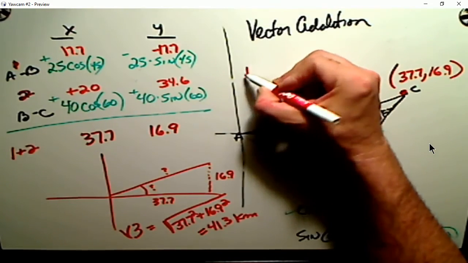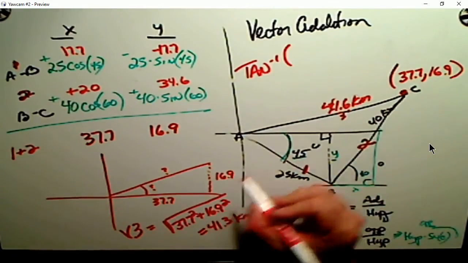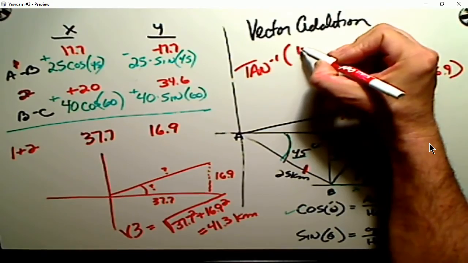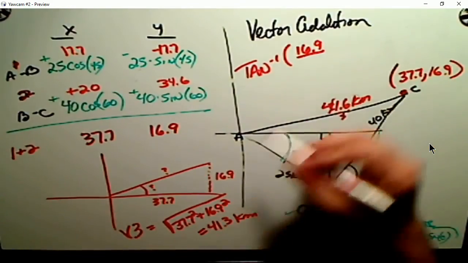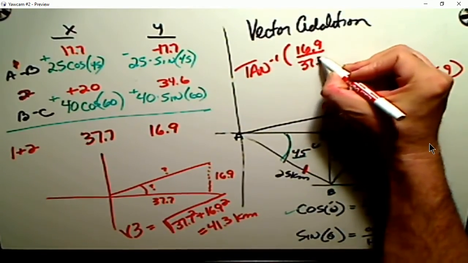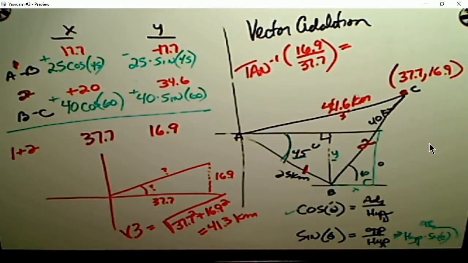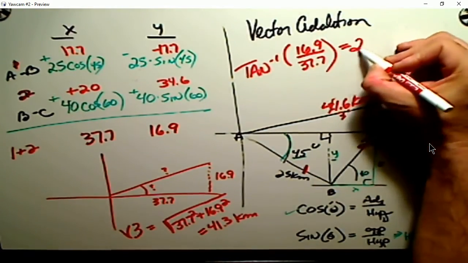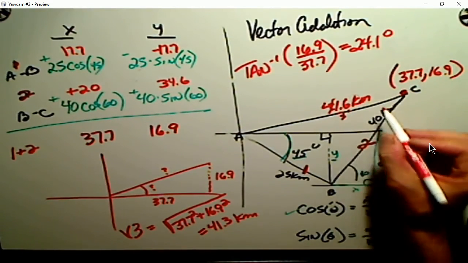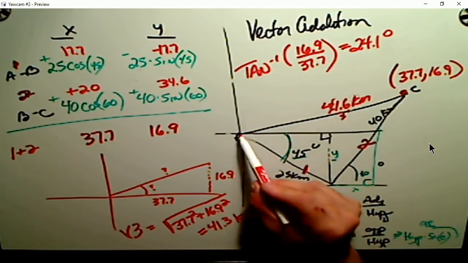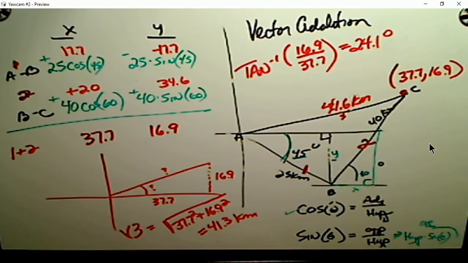Well, I can do tan inverse of opposite side here, 16.9, over adjacent side, 37.7, and that's going to give me my angle. That angle is 24.1 degrees. So we have everything necessary for a person from point A to know how to get to their final point.